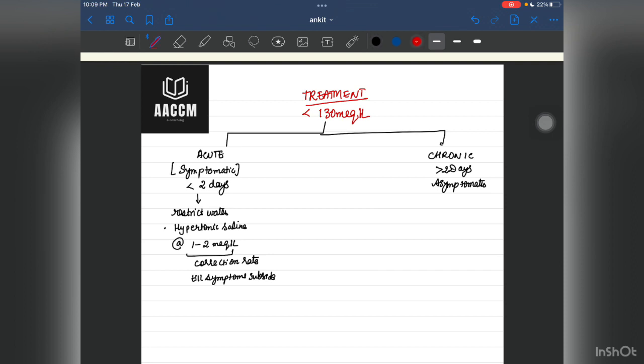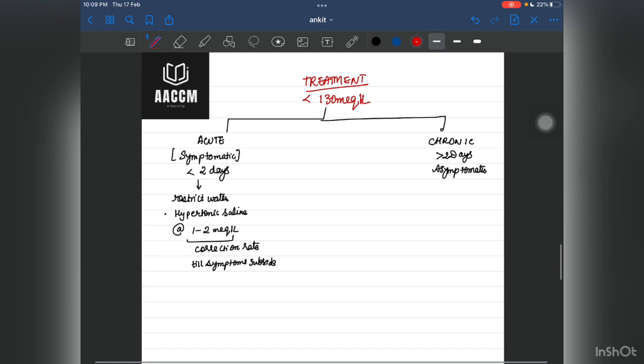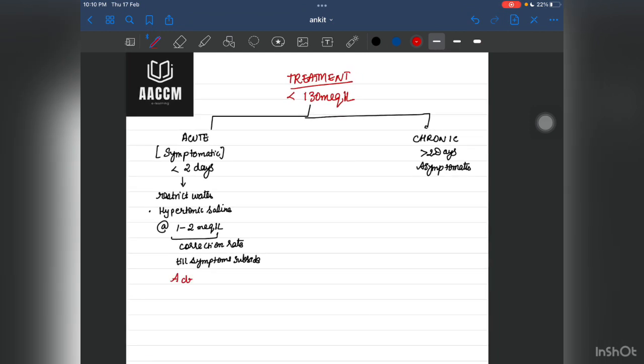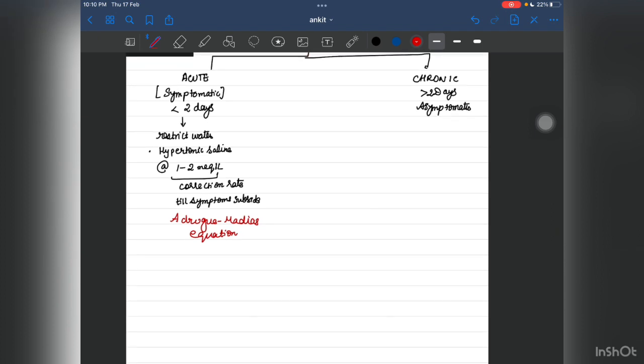We will use an equation here for calculation of the rate of change of serum sodium by 1 liter of infused fluid. That is the Adrogue-Madias equation, which is infused sodium plus potassium minus serum sodium, upon total body water plus 1, right?